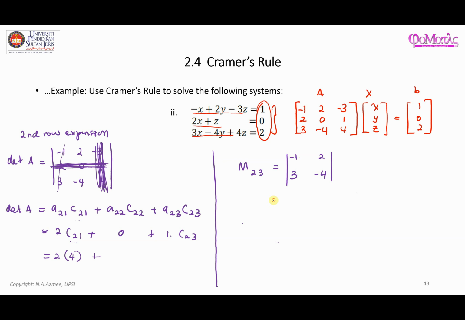Based on this, you can find the determinant of this 2 by 2 matrix. Here we have 4 minus 6, which is -2. Therefore, C23 is just -1 to the power of 2 plus 3, which is 5, and then plug in this result right next to it.